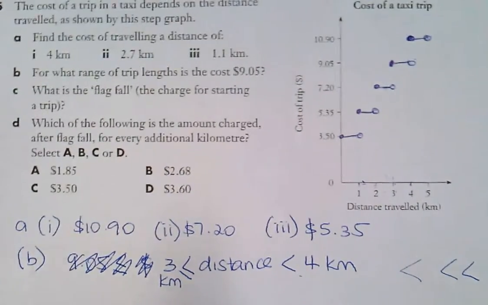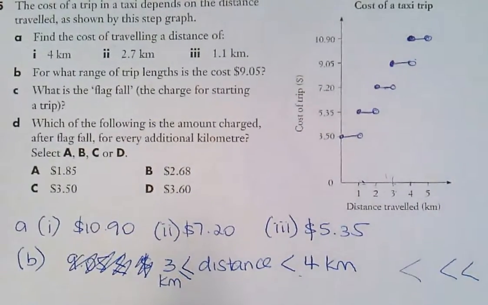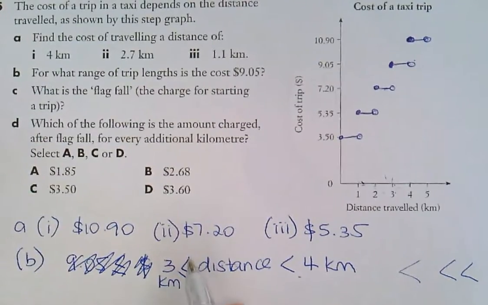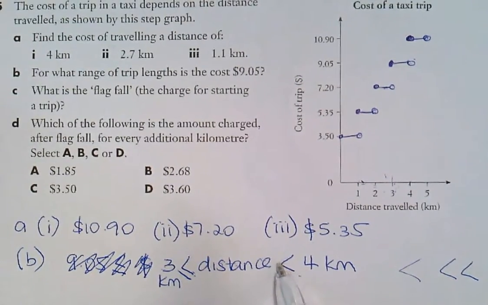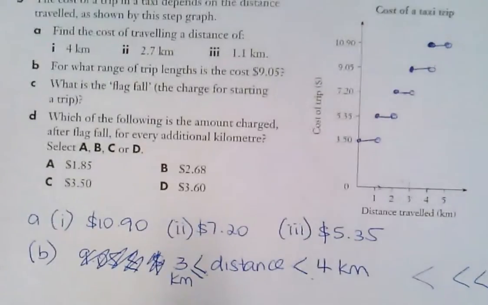Distance greater than, open mouth, is on the distance. Distance greater than or equal to 3. But distance less than, because the pointy bit is next to it, the small side. Distance is less than 4.